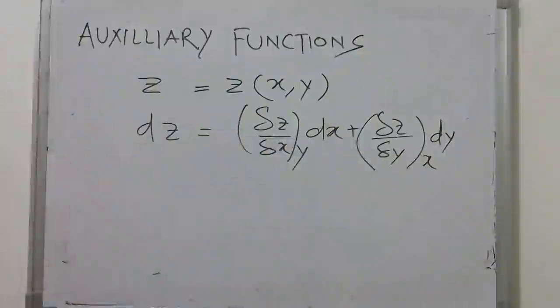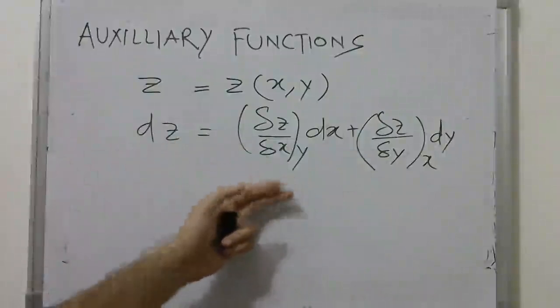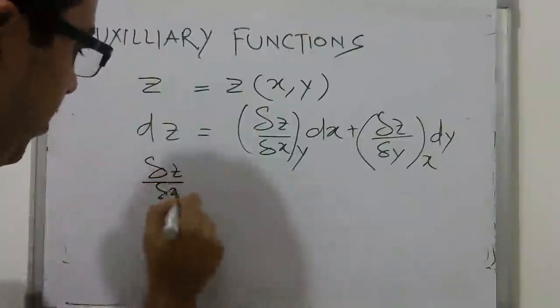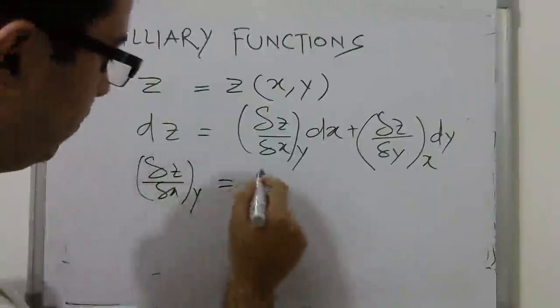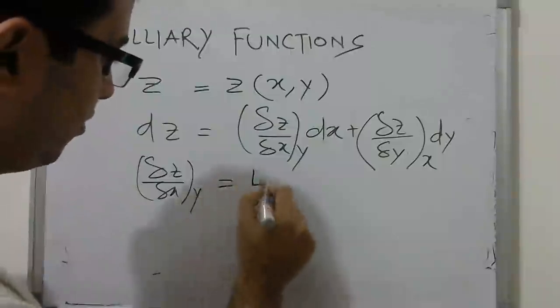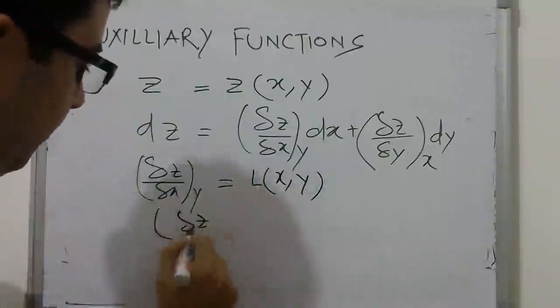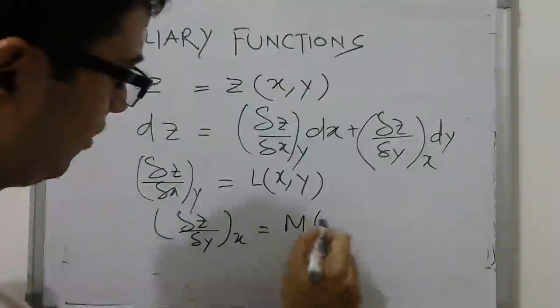Now, del z del x at constant y is still a function of x and y, so let's say L of x, y. And del z del y at constant x is a function, let's say M of x, y.